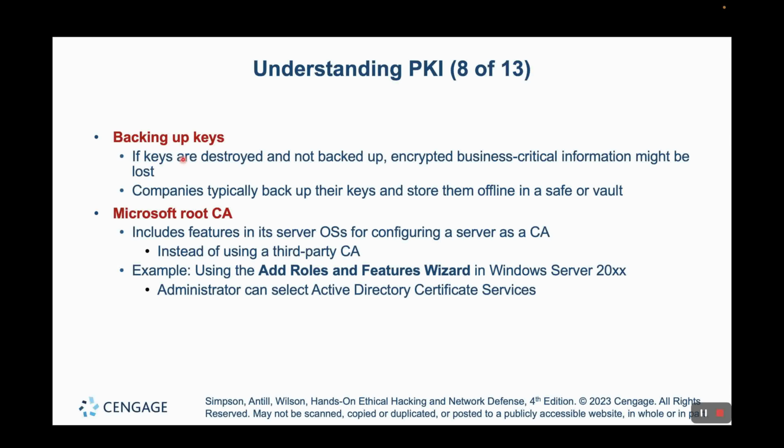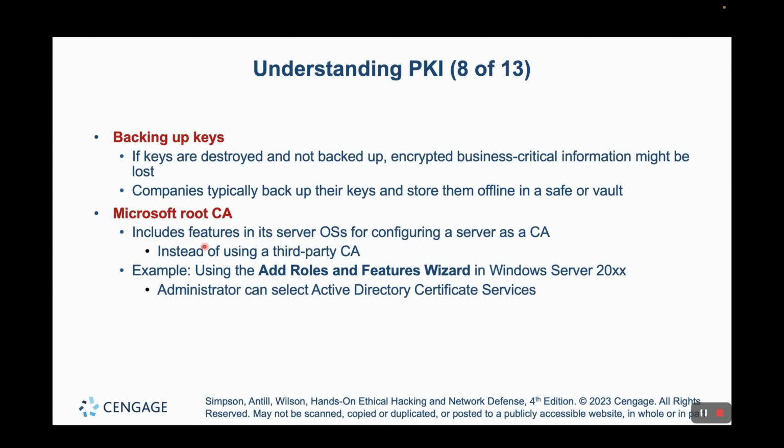Now, backing up keys. If keys are destroyed or not backed up, then any encrypted business-critical information is gone, lost forever. Companies typically back up their keys and store them offline in a safe or vault. A very good example here is Microsoft.